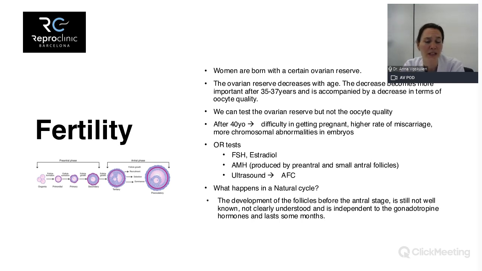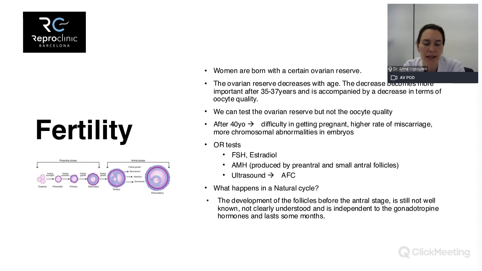The first thing that we should know, probably you have heard about it before: women are born with a certain ovarian reserve, and this ovarian reserve decreases with age, and this decrease is more important after the age of 35, 37, and it is also related to a decrease in oocyte quality, egg quality.